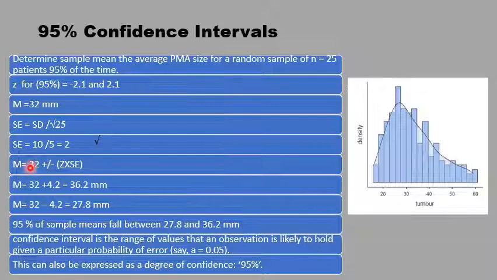So the mean for the tumor is 32 plus or minus z-score multiplied by the standard error. This is 36.2 millimeters as a maximum and 27.8 millimeters as a minimum.